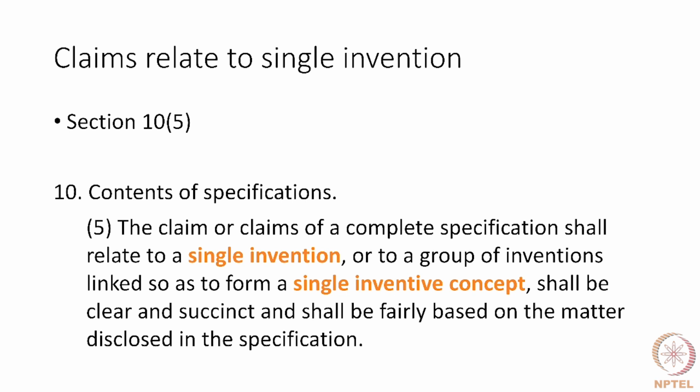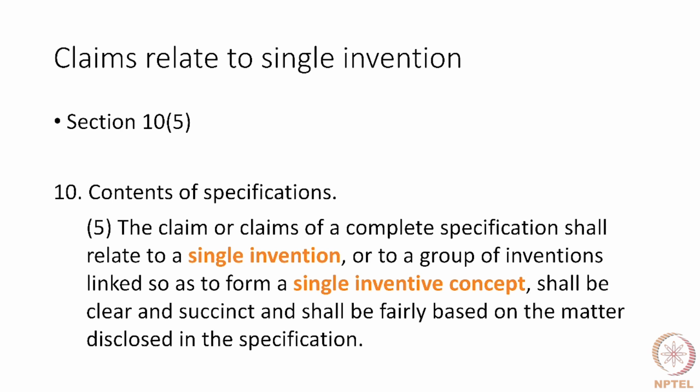If the point of your application having more than one invention is pointed out by the patent office, then the patent office would direct the applicant to file a divisional application. So in summary, you can have only one invention covered in an application. This is called the unity of invention.